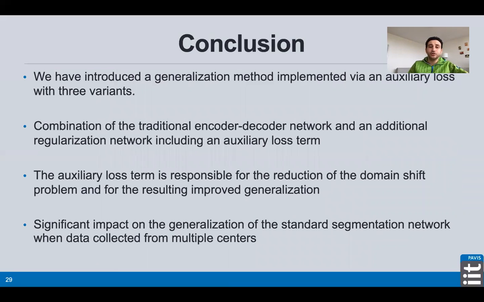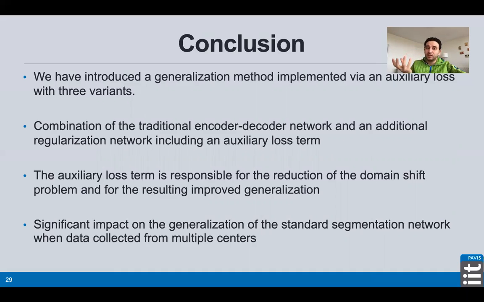So as a conclusion, the idea was to introduce a method to generalize the backbone model using the auxiliary loss function. Basically, we combine the traditional encoder-decoder segmentation network with an additional network, which includes some auxiliary loss function.